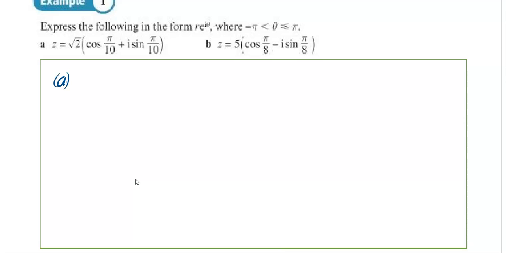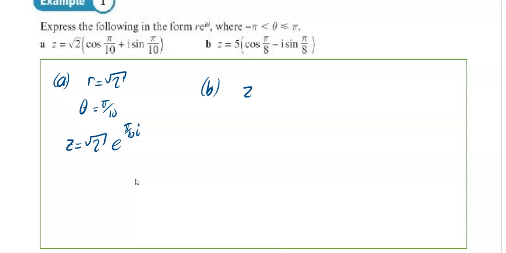You really can just write down, your r is clearly equal to root 2. Your theta is equal to pi over 10. So it really is as easy as just writing down z equals root 2 e to the pi over 10 times i.